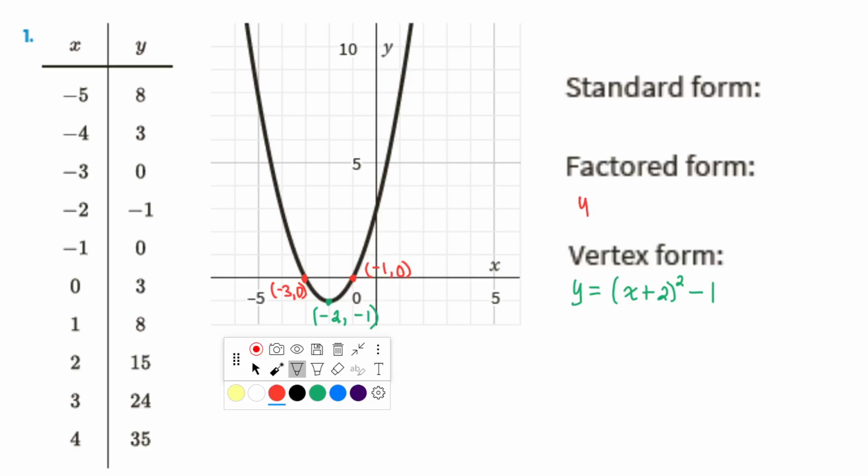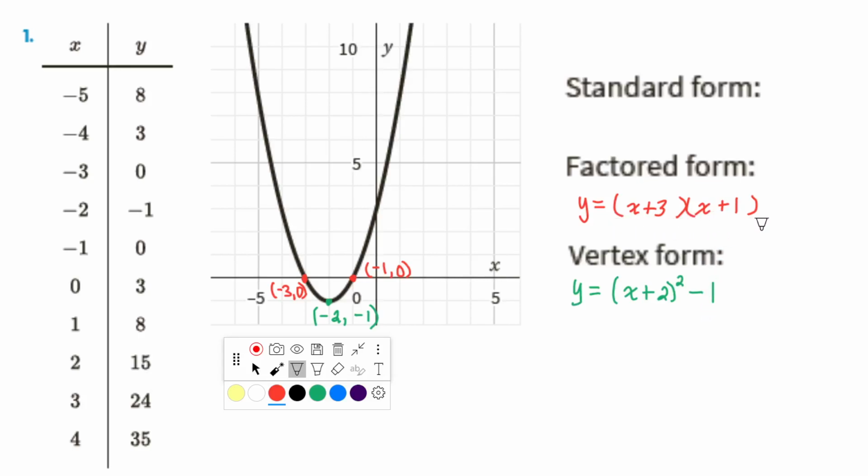So factored form is two factors multiplied together, and the x-intercepts complete the factored form, so we will be adding or subtracting to the x's. Now, just like the x value of the vertex form, these x-intercepts have the opposite sign when in factored form. So we will have x plus 3 times x plus 1.